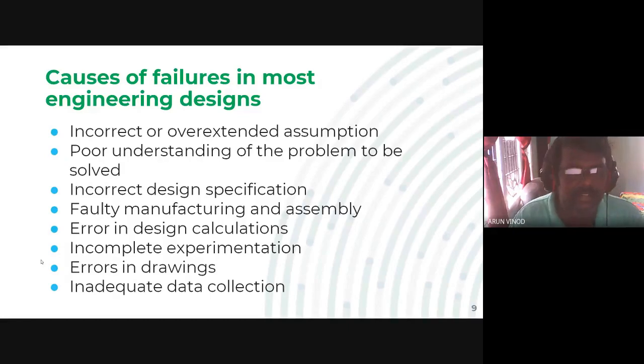Errors in design calculations. And incomplete experimentation, errors in drawings, inadequate data collection. So all these are failures. If such failures are there in the design, then your product won't be correct. So these are the causes of failures in most engineering designs.